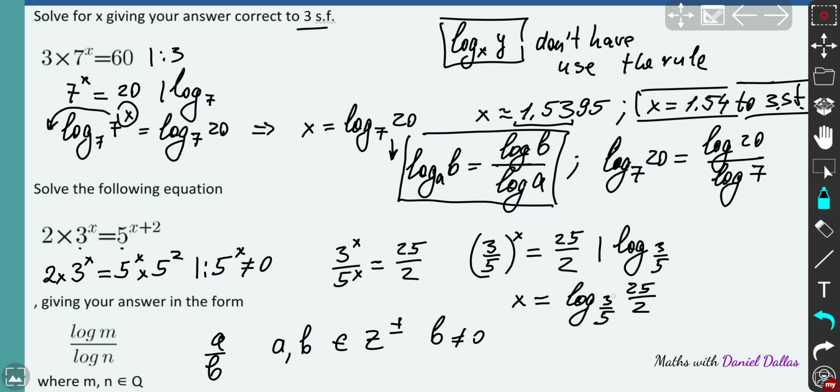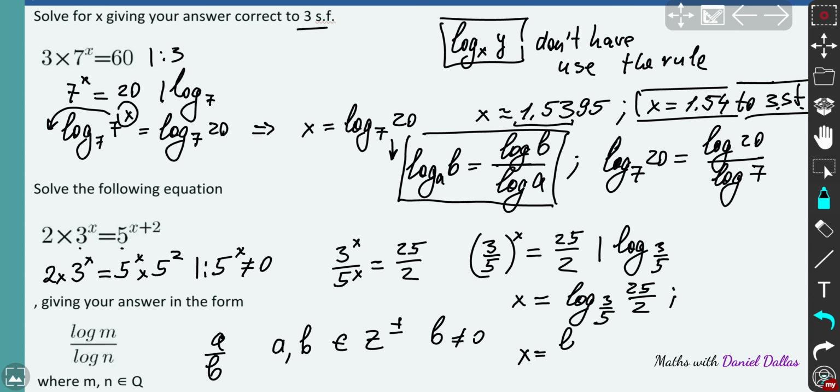So that's x. However, we need to give the answer in the form of log with the base 10. So it's the right time to convert, using the same property that I showed you before. So we can rewrite our log as the following.